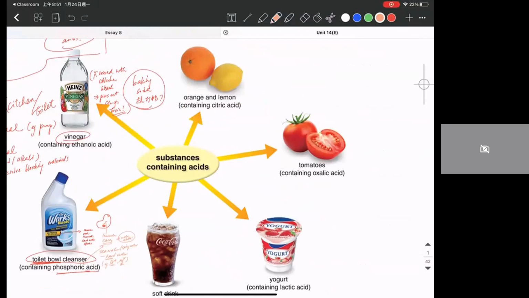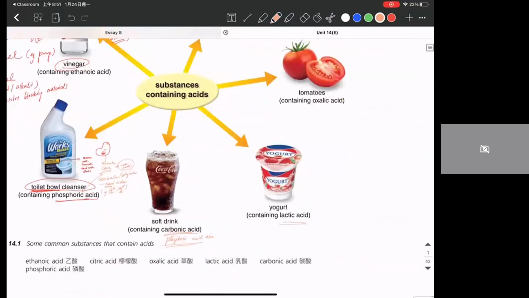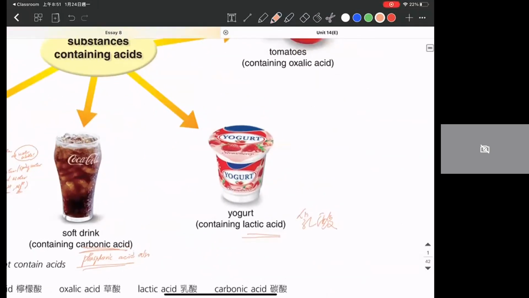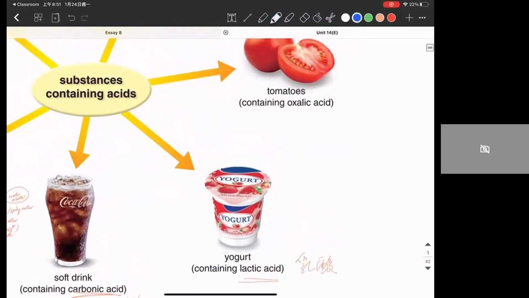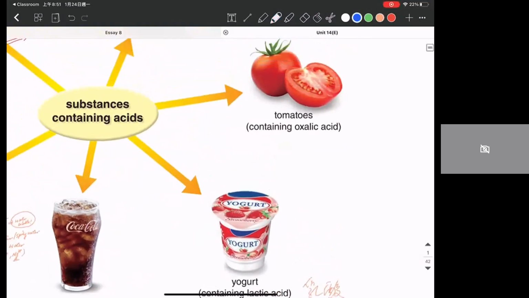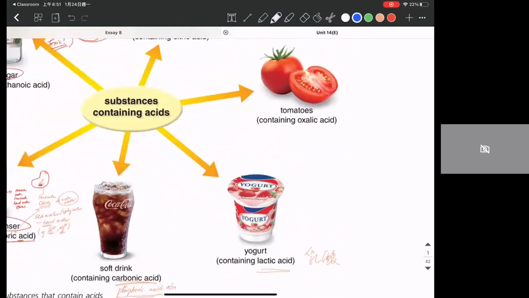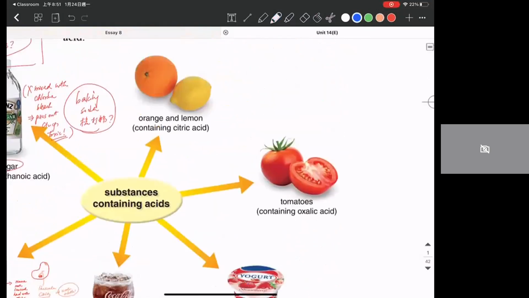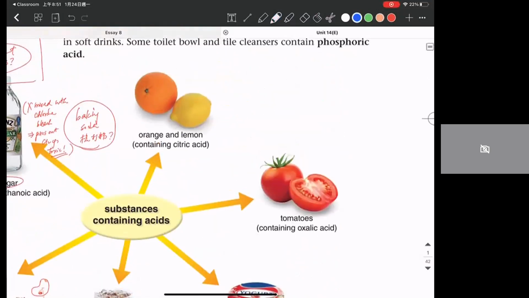For example, yogurt. What you may find is lactic acid, 乳酸. So of course, you may have heard of this term while you talk about running, right? You may find that it is quite fatiguing, tiring because of lactic acid. But once I talk about it in the digestive system, that lactic acid is so good to you, okay? And how about tomatoes, oxalic acid, and orange and lemon with citric acid.